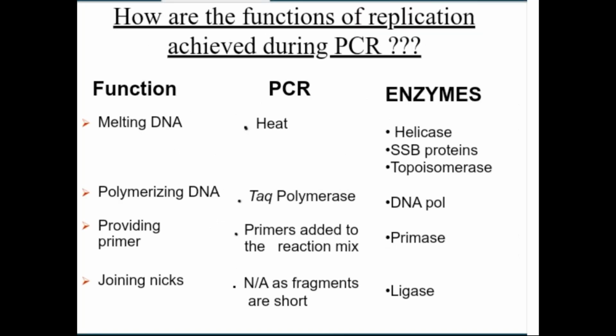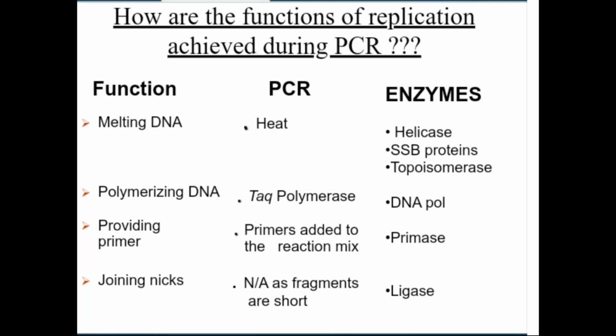Now, how is the function of replication achieved during the PCR? In PCR, there are different steps involved. Okay, this one is the annealing step. First of all the denaturation step, then annealing, and then extension.